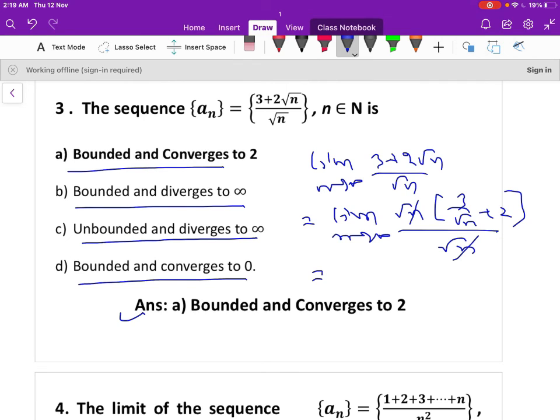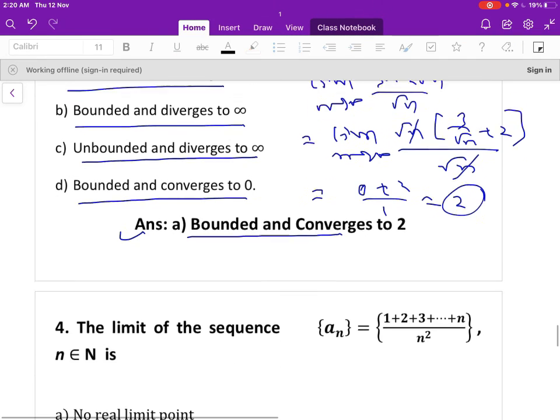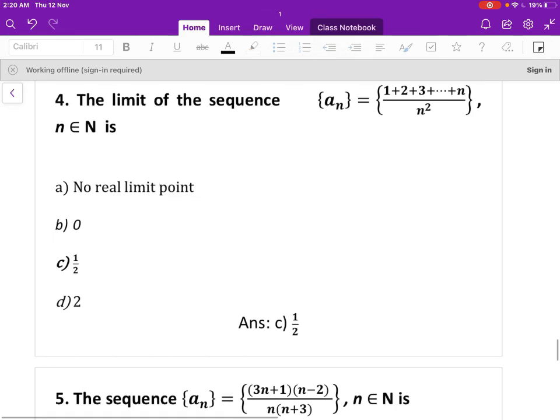Now let us apply the limit n tends to infinity. Anything divided by infinity is 0, so 0 + 2/1 is equal to 2. It converges to 2. If the sequence is convergent, it is bounded also. So therefore the answer is A.